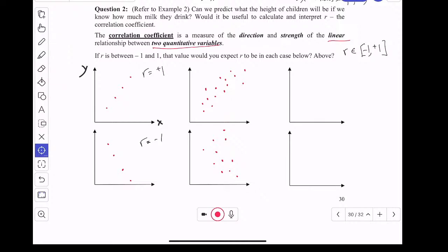What would be the R here? Right, positive but lower than 1.